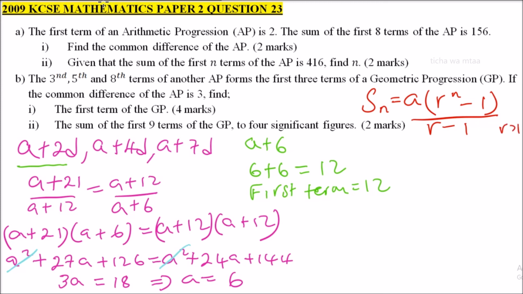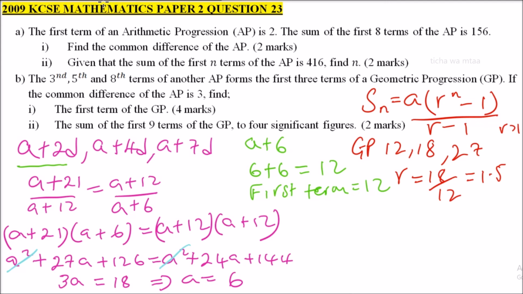We don't know r, but because now we have the first term of the GP, which is 12, the other one is 6 plus 12, that will give you 18. The other one is 6 plus 21, that will give you 27. So we can get our r by dividing 18 by 12, and that should give you 1.5.